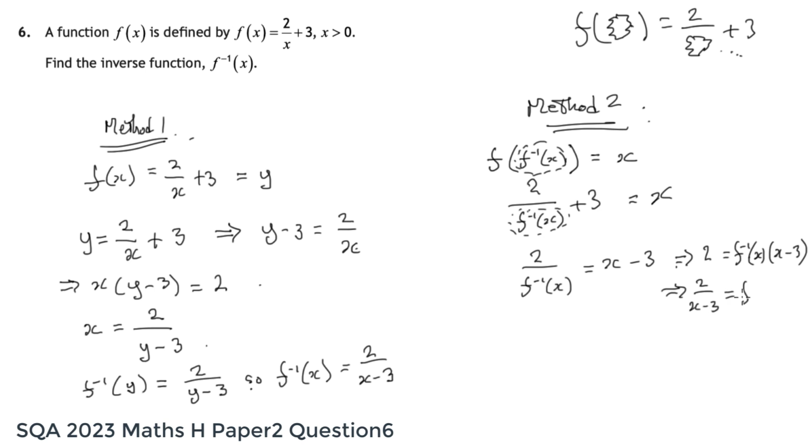We'll be left with f to the minus 1 of x. Let's write it the normal way around. f to the minus 1 of x is 2 over x minus 3. And thank goodness we got exactly what we got the last time. Otherwise, one of the methods would have been wrong. So there's 2 choices for you.